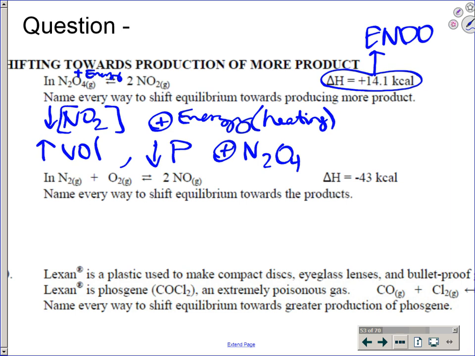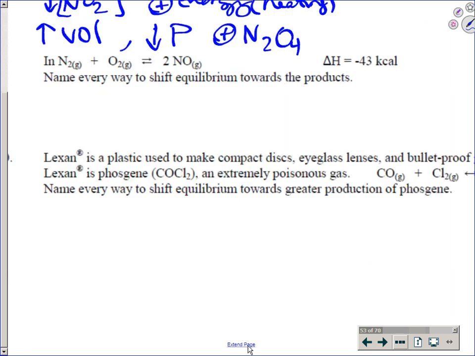No collaboration, okay? If I call on you, give me a response, please. Bryce, give me a way to shift towards the products on this one. Adding oxygen gas, so increasing the concentration of oxygen gas. Keep going, Kendall. One more time. Decrease energy.